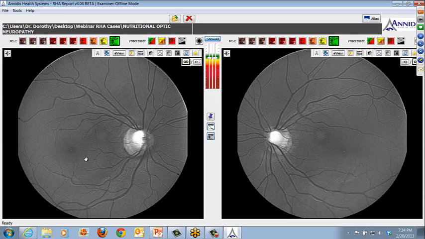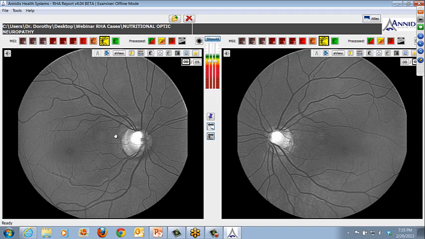This is a 24-year-old female, again from my private office. She is a very low myope, -1, and she came in and she was frightfully thin.